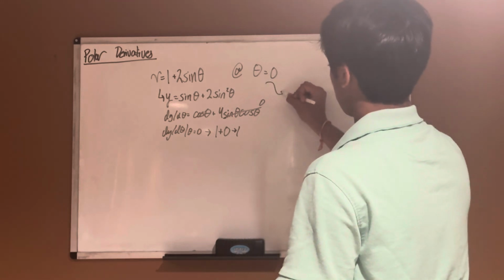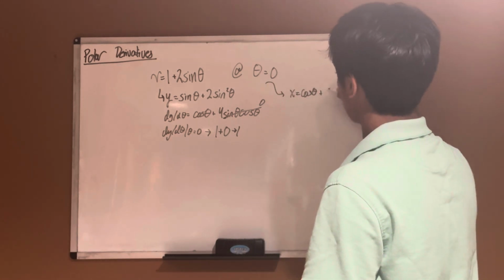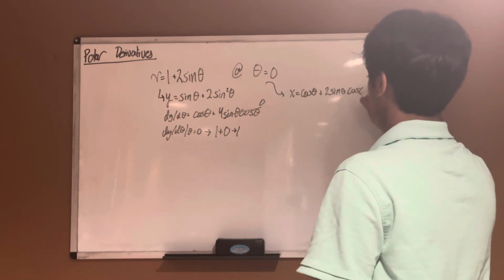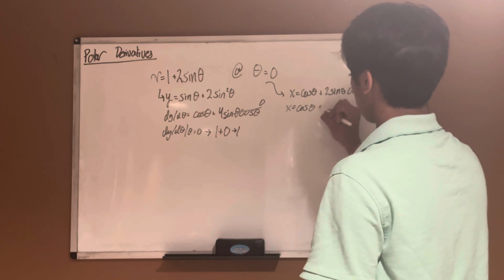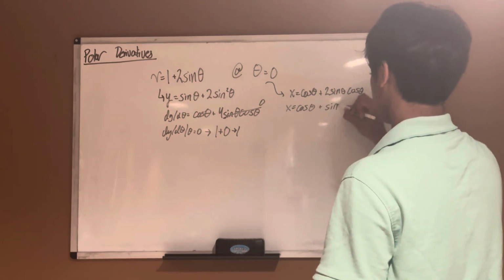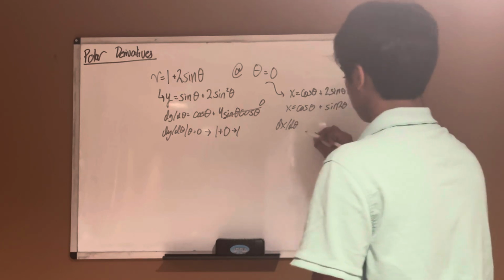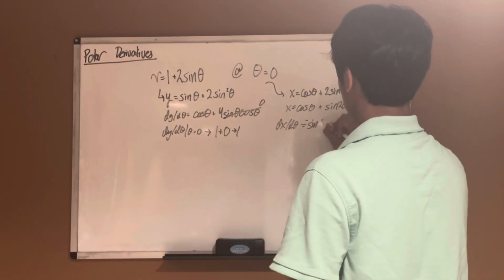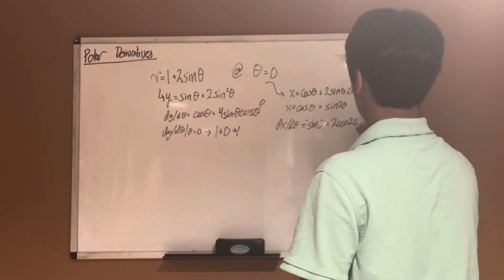Now we do x. x is equal to cosine theta plus 2 sine theta cosine theta. Again, by the trig identity, this becomes cosine theta plus sine 2 theta. Then we take the derivative. This becomes negative sine theta plus 2 cosine 2 theta.